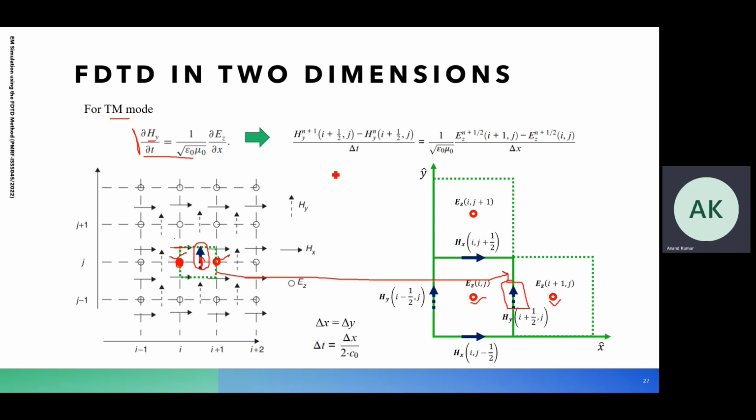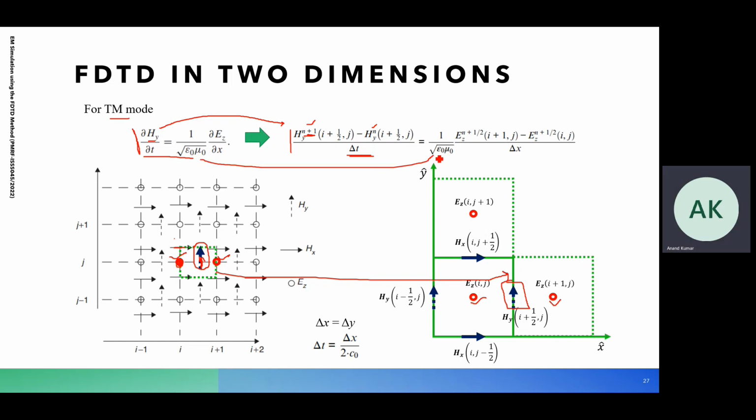So over here, this is the magnetic field value that we need to update, and these are the two electric field values. So we do the finite difference approximation again for the Hy for the n plus 1 time instant. So n plus 1 is the future time instant, and n is the past time instant, and delta t is in the denominator. And this is how we get the finite difference approximation for the time derivative of magnetic field at i plus half comma jth node.